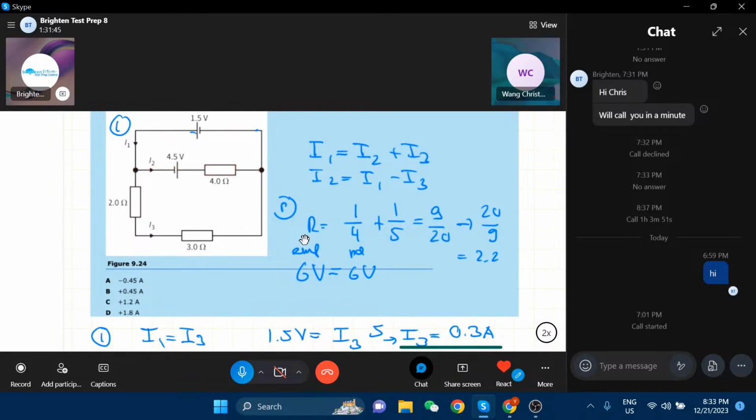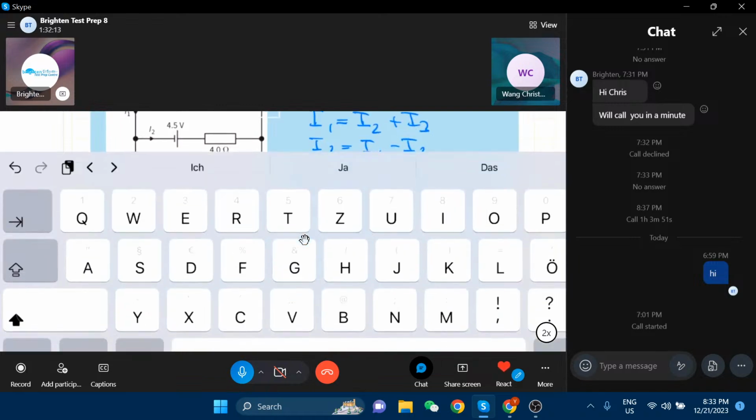So how can you get I2? We also ignore I3, to only have the loop from I1 to I2. So just this one, huh? Oops, sorry, that was wrong.